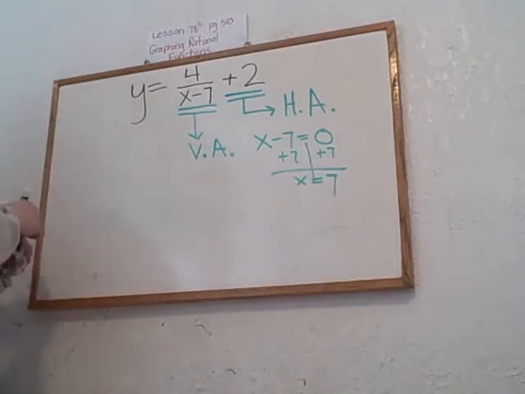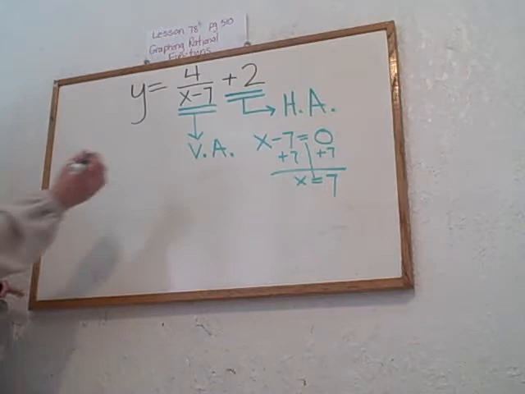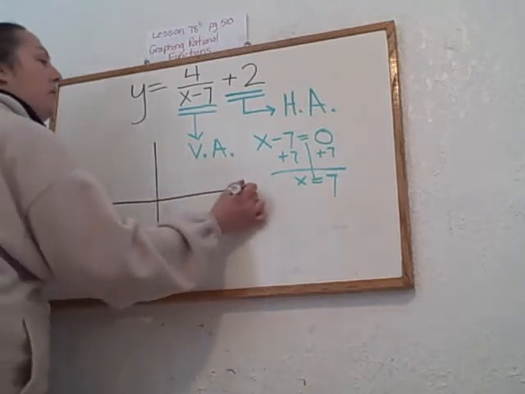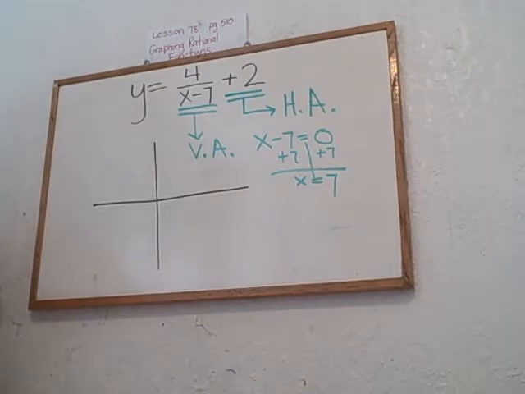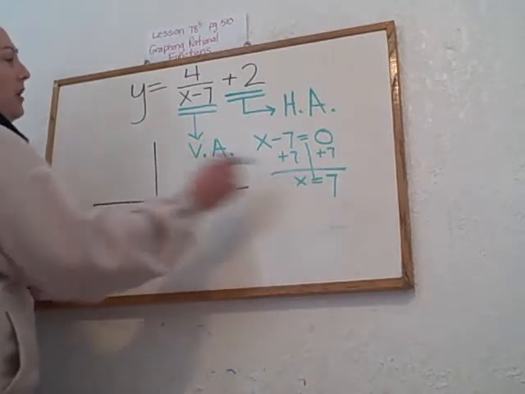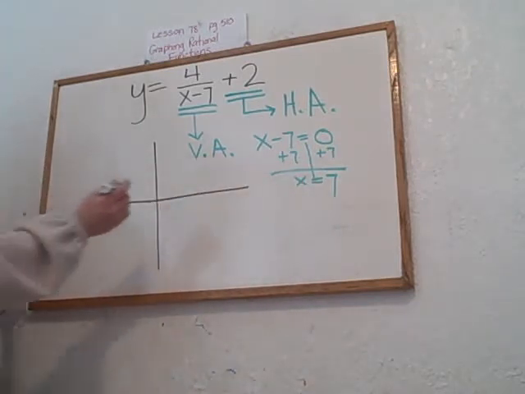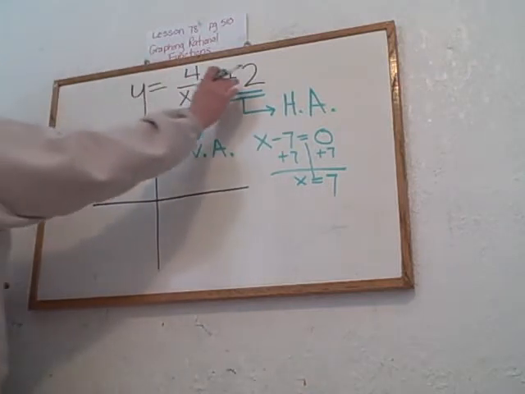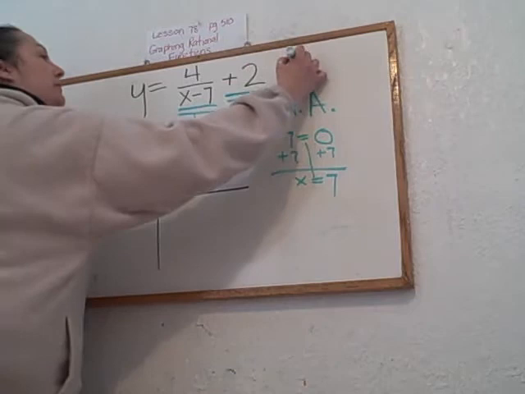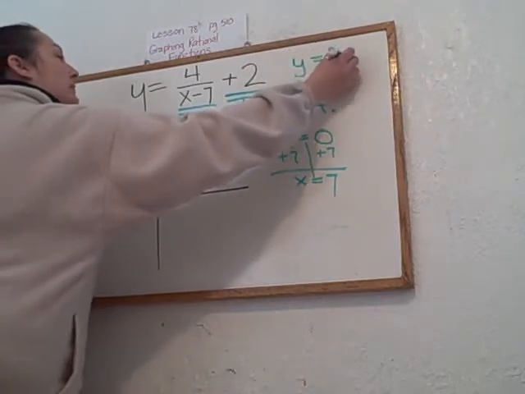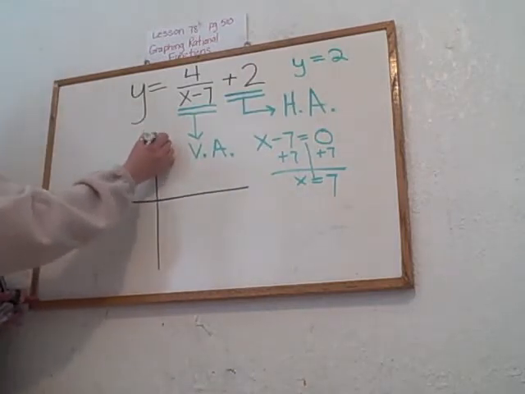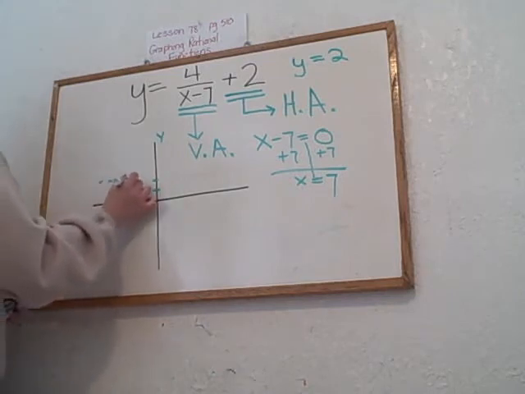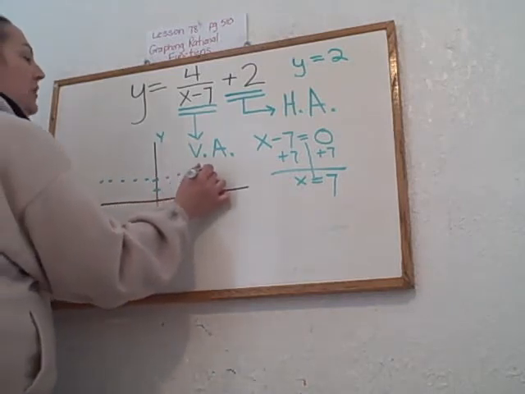So graphing this rational function, I would first start off with my axis, and then put my vertical as well as my horizontal asymptote. My horizontal asymptote is y equals 2. So on my y-axis, I find 2 and draw a dotted line. That represents my asymptote.